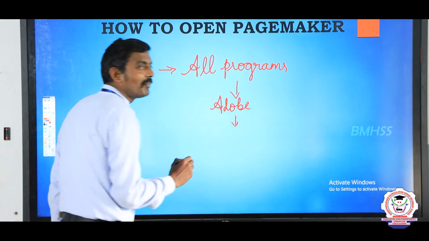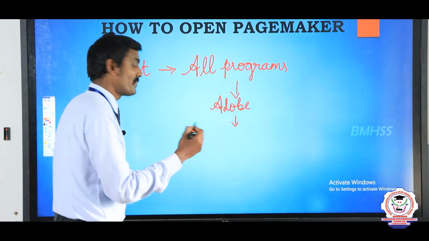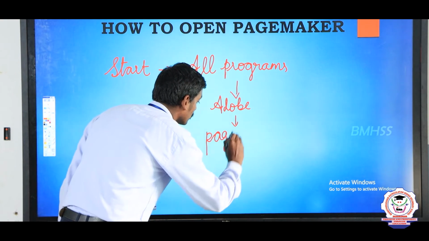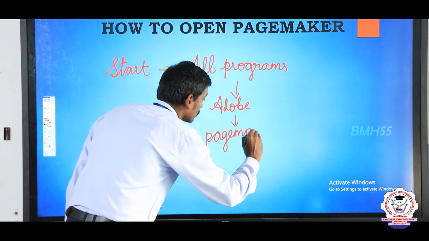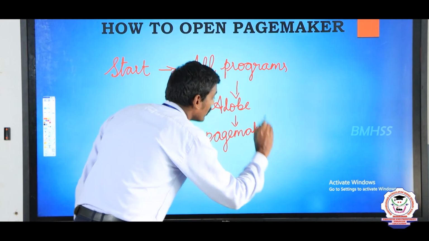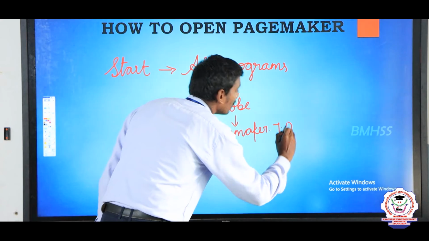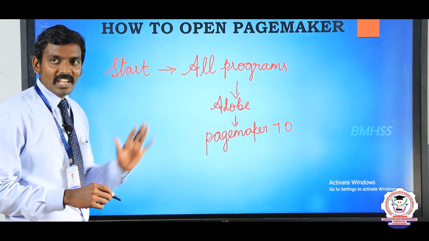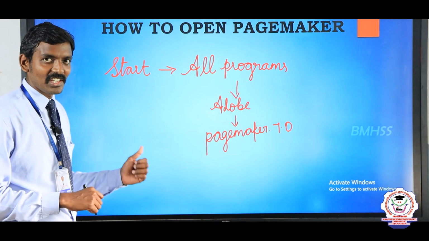After that you can click the PageMaker 7.0 option. This is the simple procedure to open a PageMaker window. Are you clear, children?